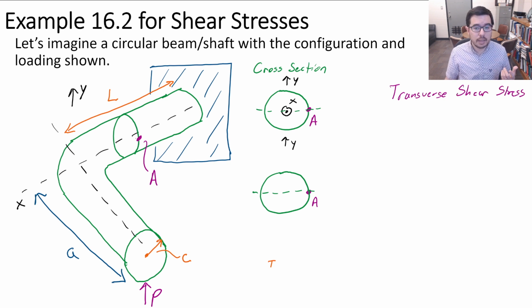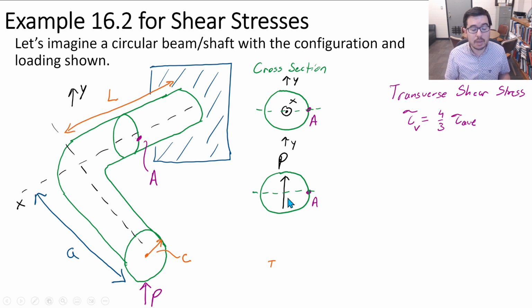Transverse shear stress can be thought of as having an internal shear force acting on this face that's magnitude P. We've kind of skipped through a few different things here, but that is the direction that force would be acting, and so we can simply say that the shear stress due to this P can be thought of as an average shear stress, which we derived previously, times 4/3.